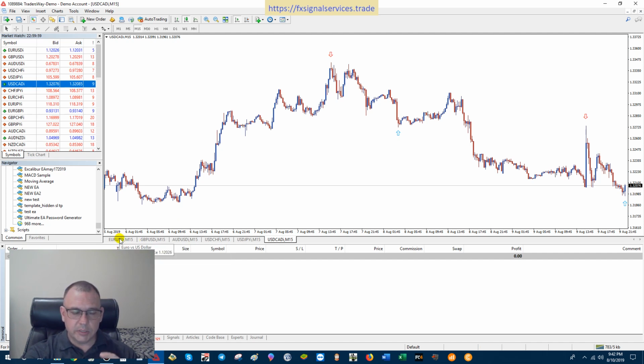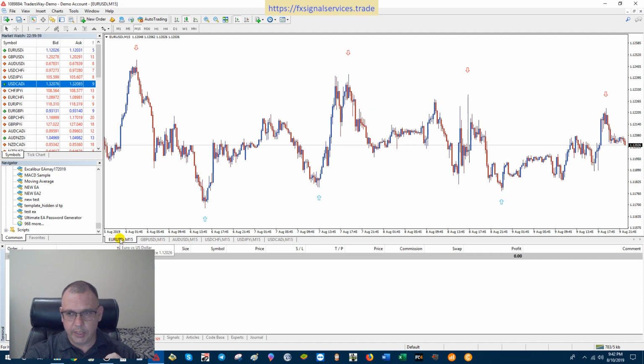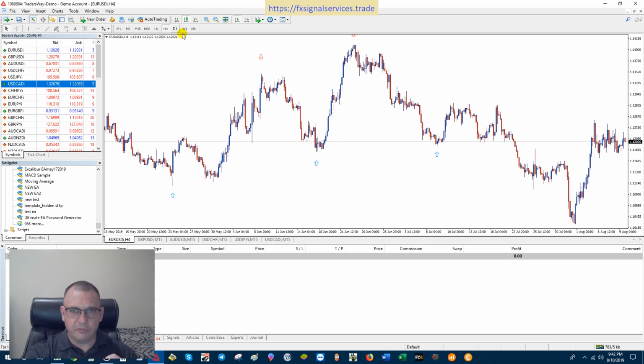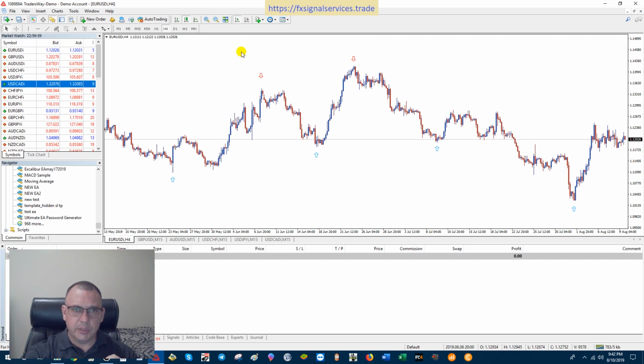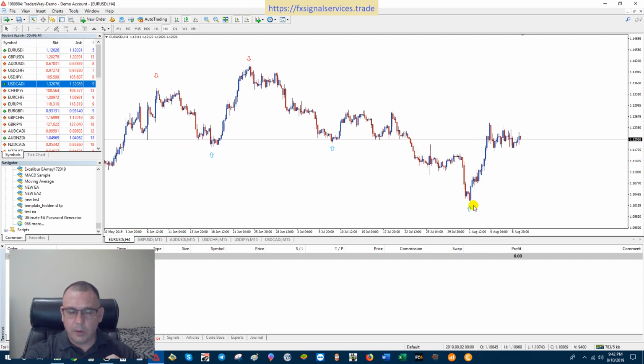So anyways, let's look at Euro USD. If we look at the higher time frames, let's see what's going to happen this coming week. We see that this has already been steadily going up, but this past week it hit a level of resistance, and it's been ranging. What's happening is that this is not finished going up.